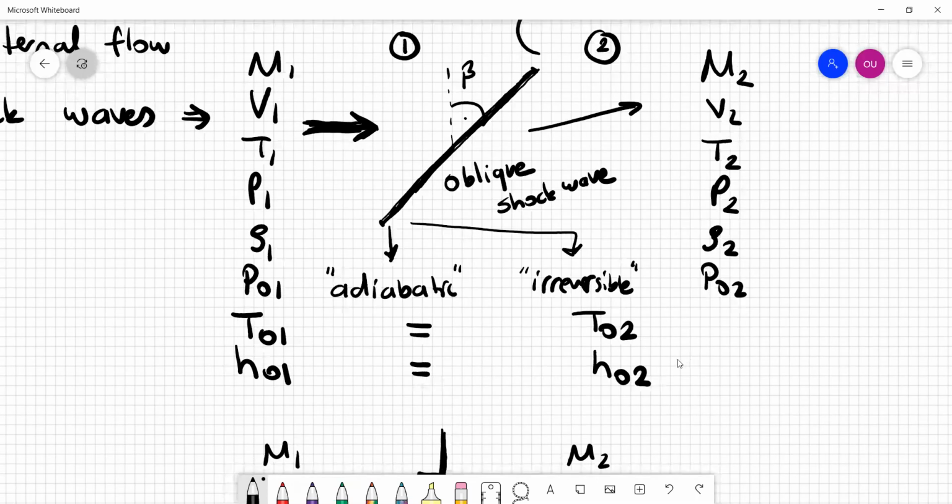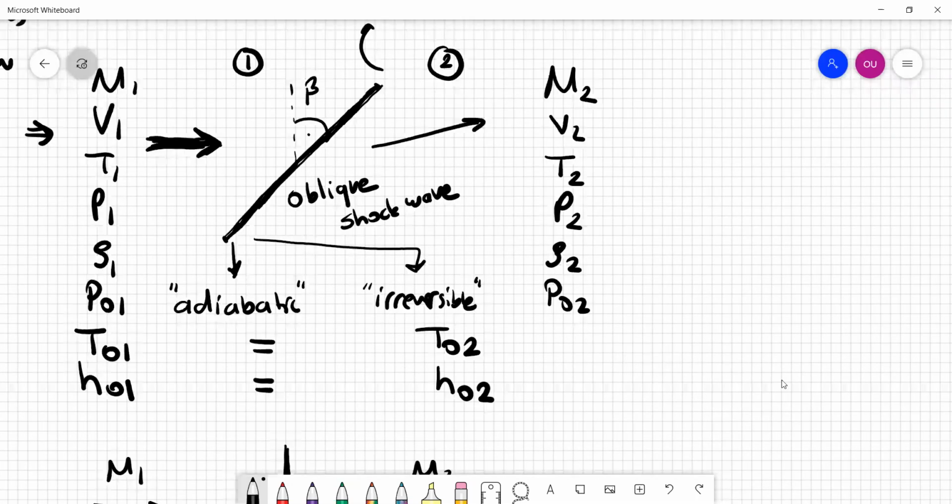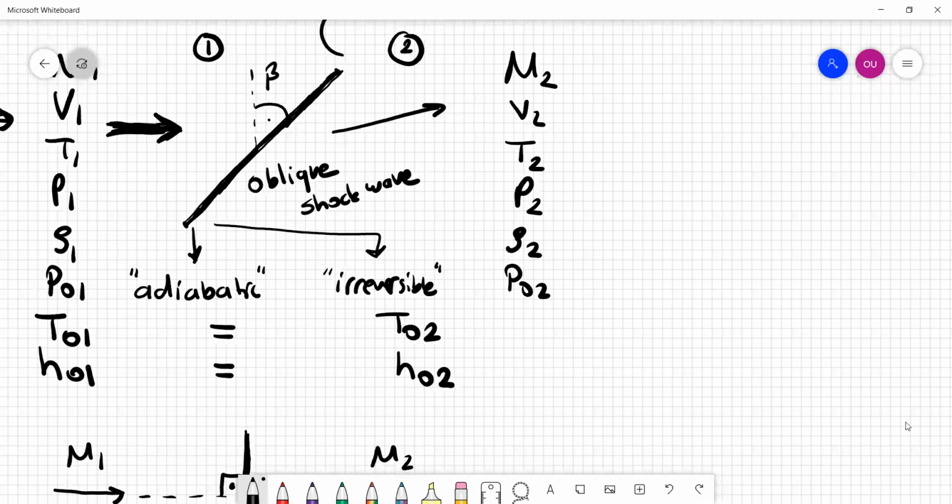So in terms of the relations between incoming and outgoing variables, keeping it general at this instant for an oblique shock wave, Mach number 2, the flow will slow down. Mach number 2 will be less than Mach number 1. What else?